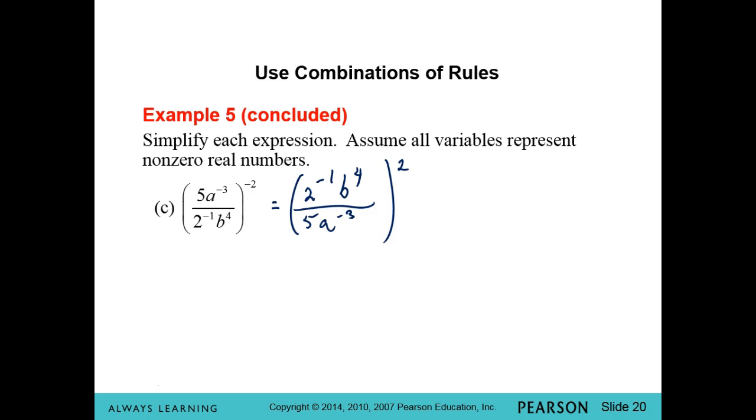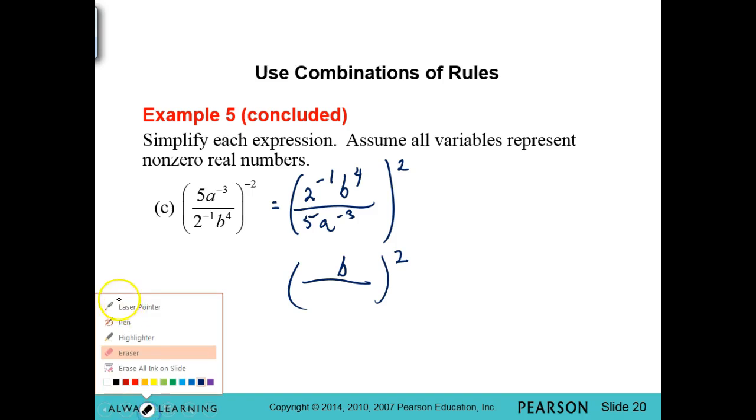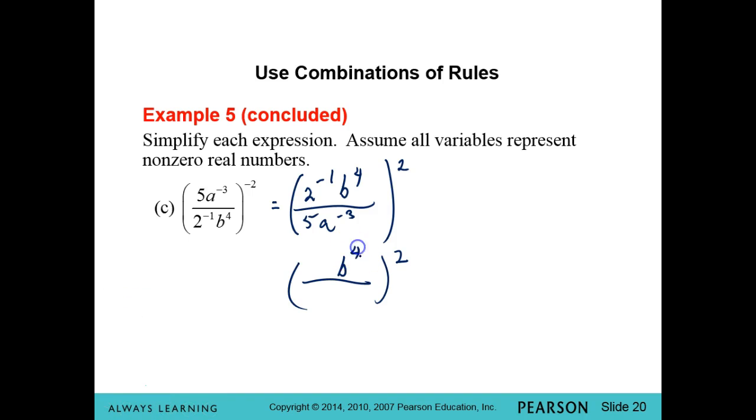Okay, on the inside, leave the 2 on the outside here and just fiddle with these. B to the 4th is okay in the numerator, so let's leave it there. Something about the end of the day, things just start falling apart. The 2 to the minus 1 is going to go downstairs, but the 5 stays downstairs, so that's 5 times 2, right?